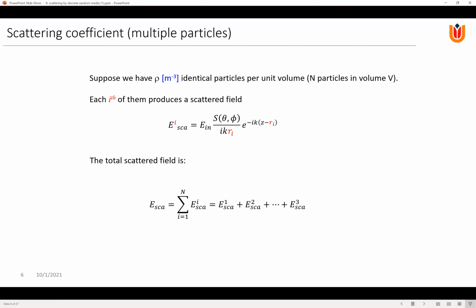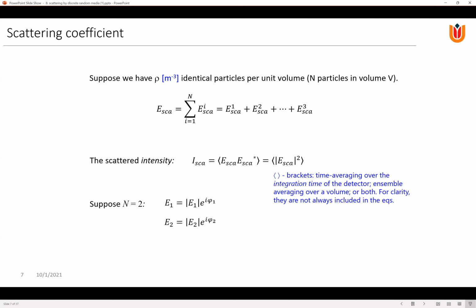So we have a field scattered by particle 1, by particle 2, by particle 3. The intensity is then given by that total sum multiplied by its complex conjugate, averaged over the response time of the detector. That is how we get to a physical measurement.